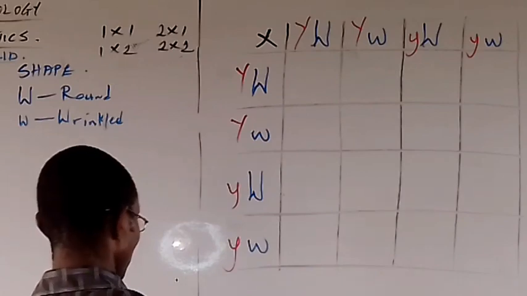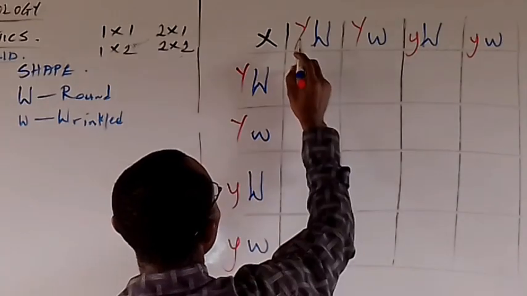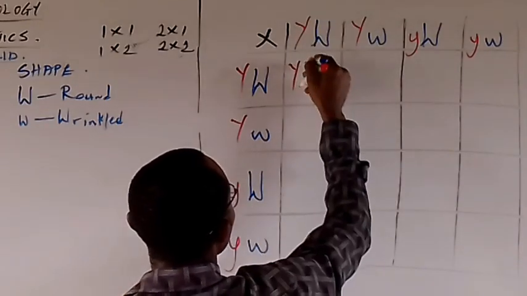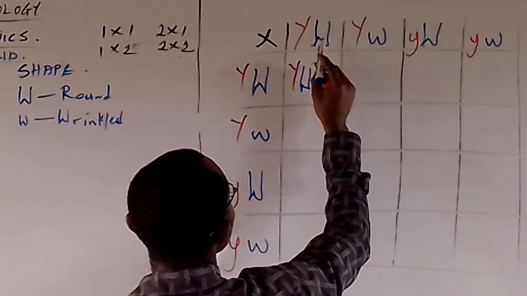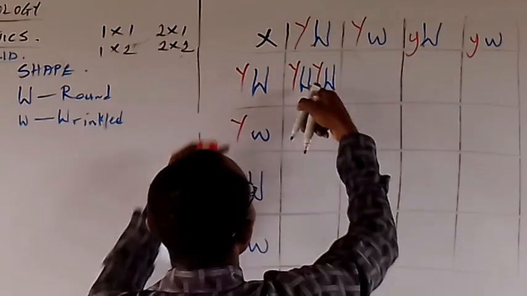So let us start now. The first one we have here, we have capital Y from here, capital Y, capital W, and then capital Y, capital W. That is what we have from here.